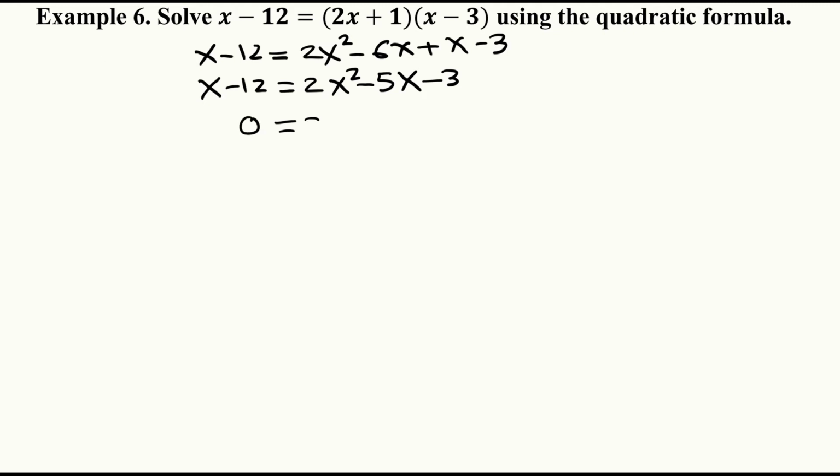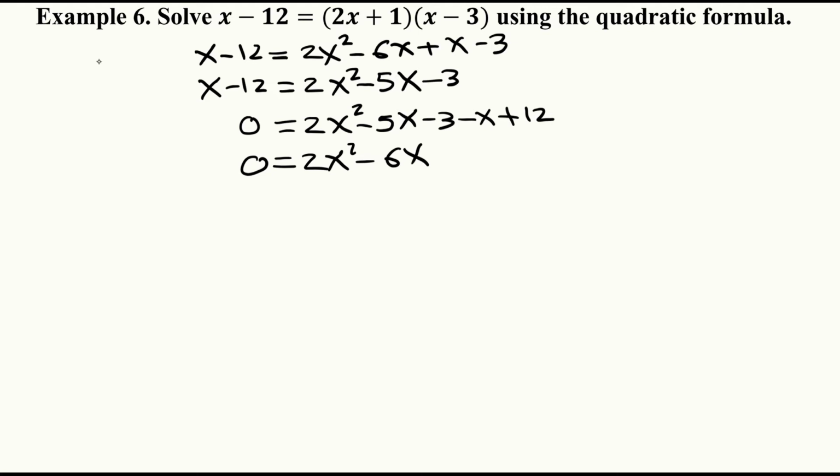So we have 0 equals 2x squared minus 5x minus 3 minus x plus 12. I know that some of you are used to always taking your variables to the left side, but there's no such mandate. So we get 0 equals 2x squared minus 6x plus 9.